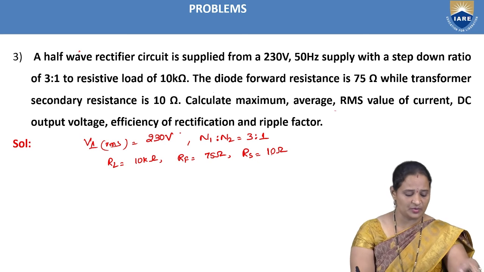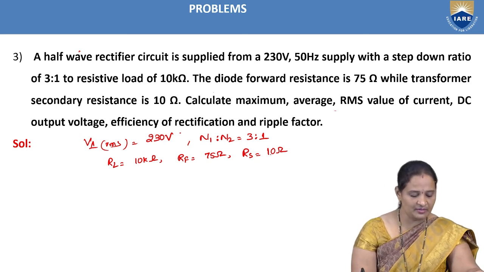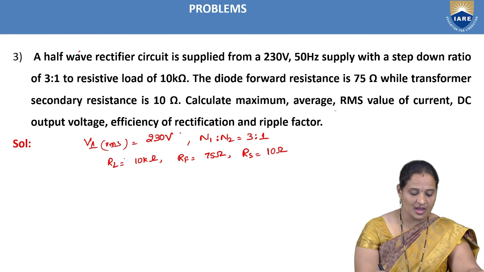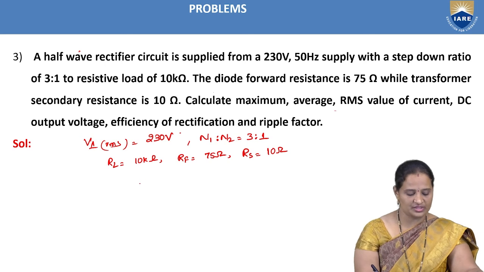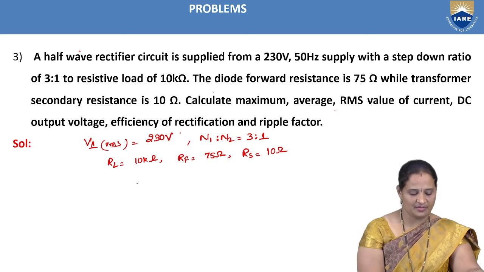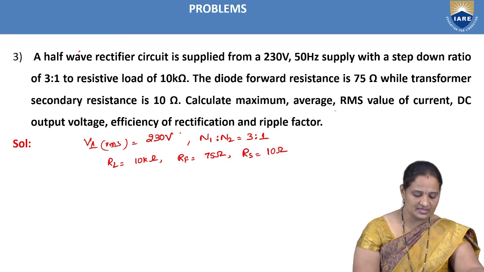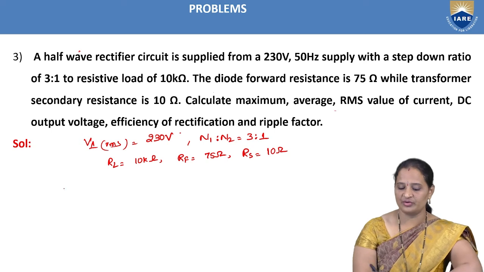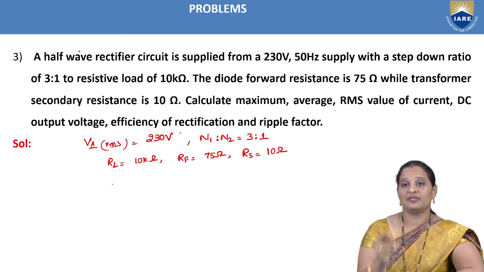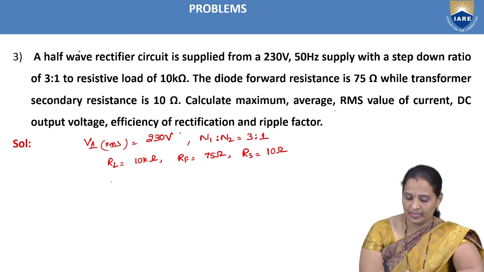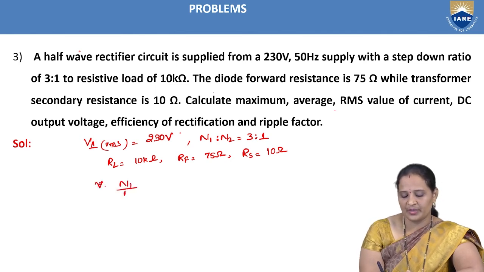So before doing this problem, as he has given the RMS value of the voltage at the primary winding, we need to find out the RMS value of the voltage at the secondary winding. So we know that N1 by N2 is equal to V1 by V2.